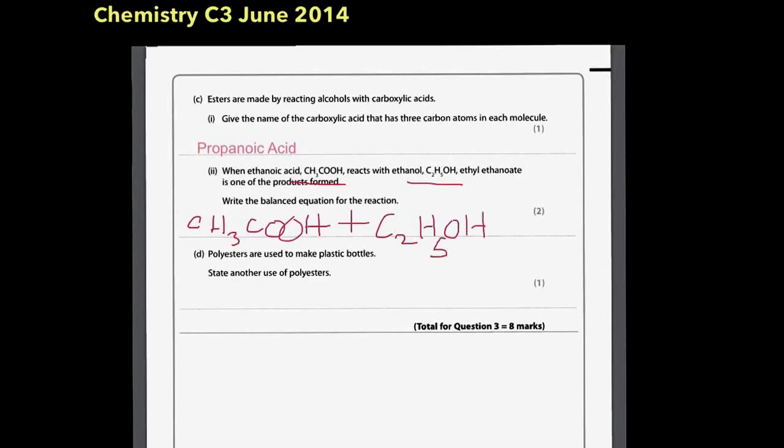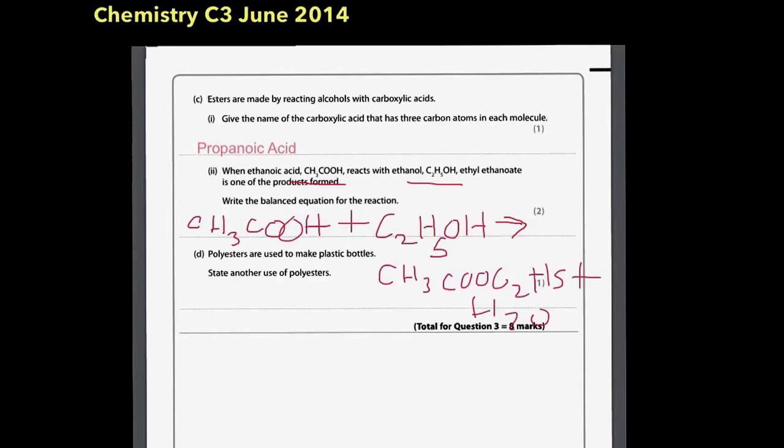And then this makes, which you would have to know by heart, CH3COOC2H5. And of course, you'd always have to plus with it water. Sorry, this is really small and it's really long, but this is really hard for me to write it all out.